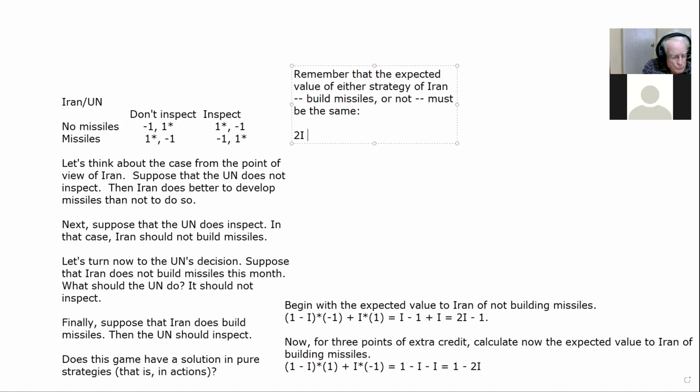So 2I minus 1 is equal to 1 minus 2I. So what is the value of I? One point of extra credit. I equals 1/2. But it must also be the same for 1 minus I.